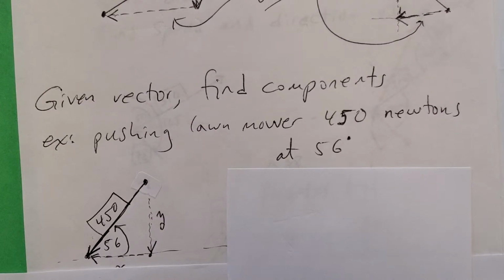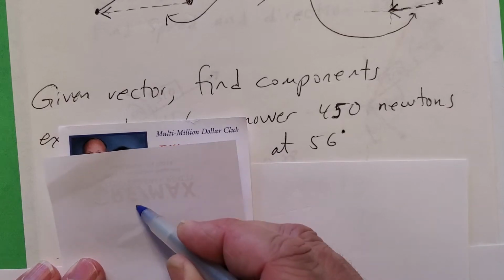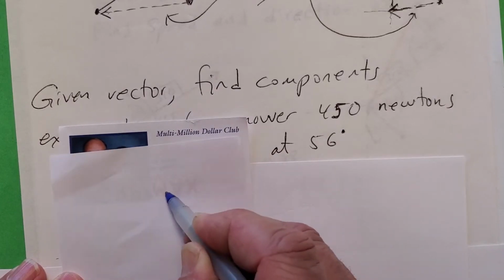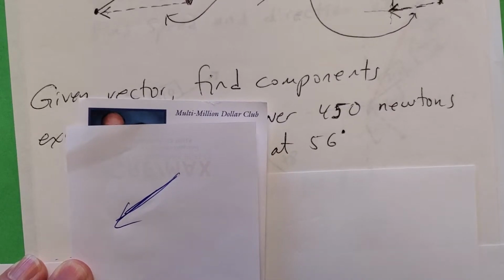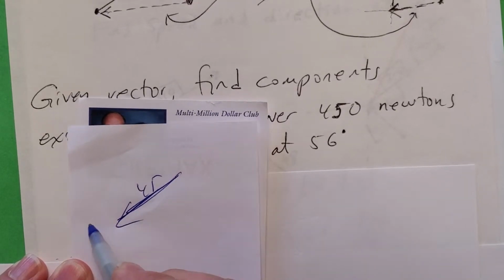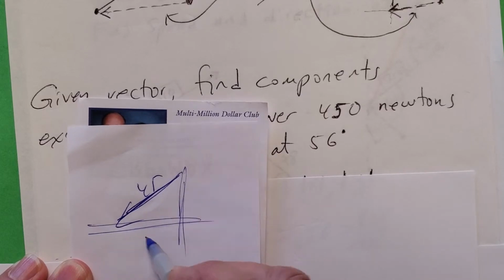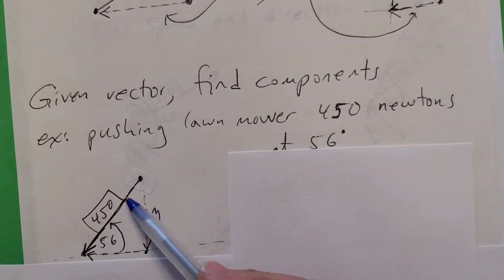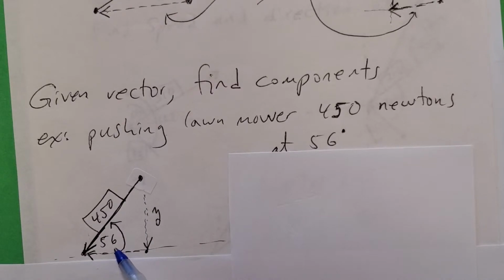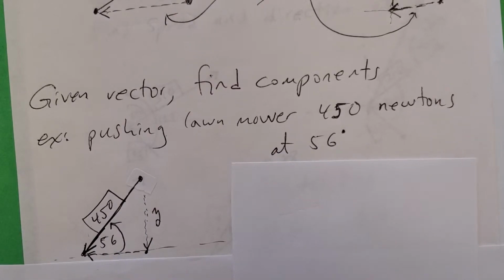So what do we know about lawnmowers? You don't push them straight down or straight across, you push them that way. So I know the number is 450, and I draw the components, and I have a right triangle. So it's 450, here's the angle at 56 degrees.